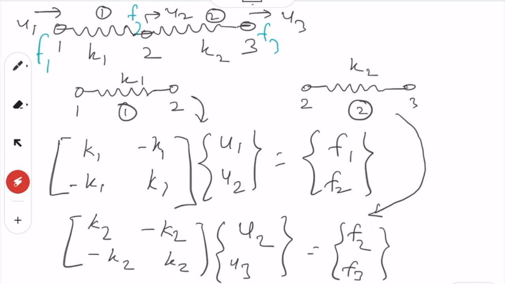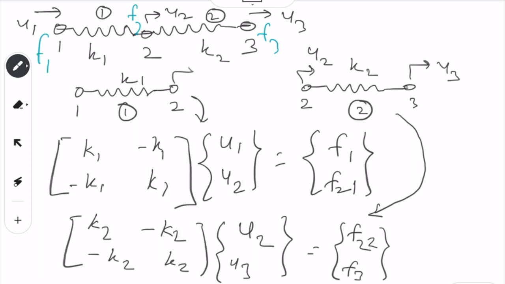F2 actually is shared, right? So on this side also there will be something, on this side also there will be something. Instead of writing F2, we have to write differently. We can write F2 of 1, so we write F21 like this. Here we write F22 like this. That really means we have displacements U2 and U3.